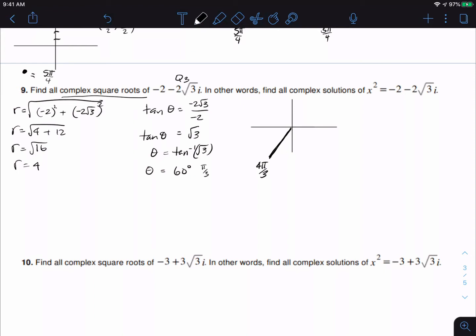This would be pi over 3, but that was quadrant 1. We're in quadrant 3. So this is our actual angle. Is going to be, what is that, 240? Or 4 pi over 3. Does that make sense?